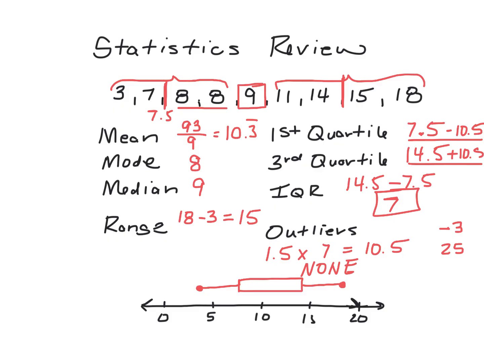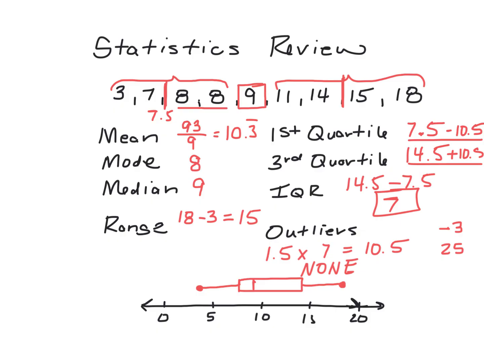And I'm going to label where the median is, which is at 9, which should be right there. And that is a box and whisker plot of this set of data. So hopefully this is a review, and this is going well for you. For the concept students, this is quite a bit of a review from some past lessons.